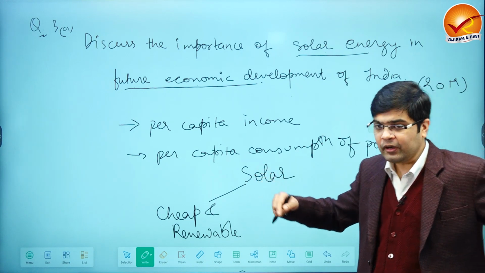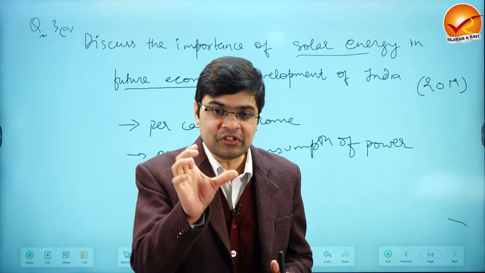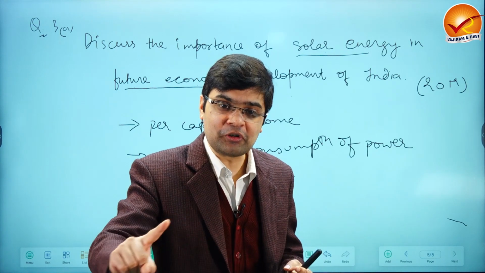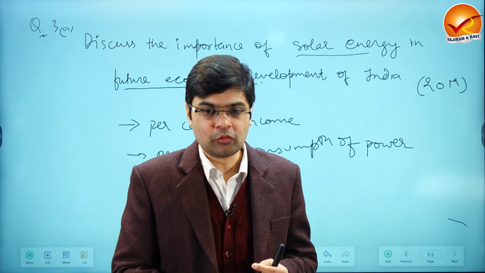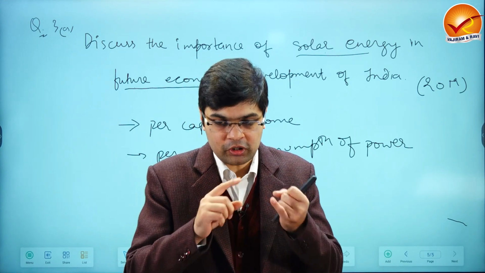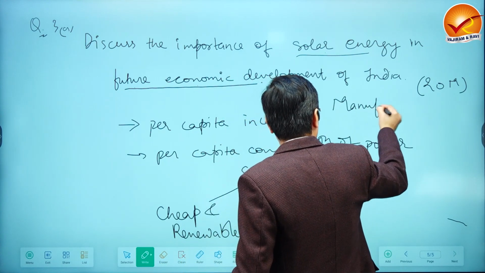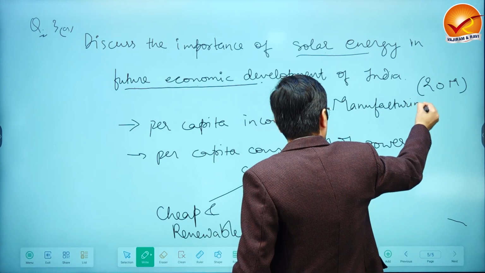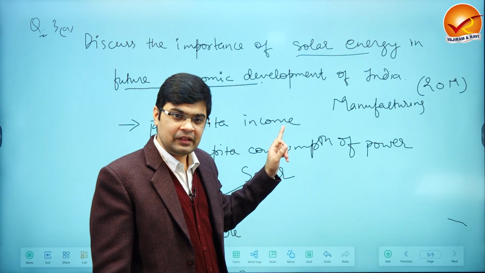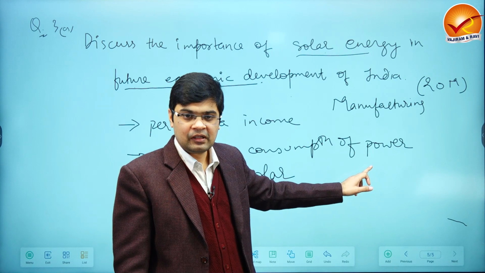Today, if I talk about industrial development of India, what kind of industrial development do we have? We have centralized development. What is the government talking about? Decentralization of industries. So what we also need is decentralized power generation. So what are you going to talk about? You're going to talk about the manufacturing sector, how we need to improve the manufacturing industries in India, then link that manufacturing industries are energy intensive, okay?